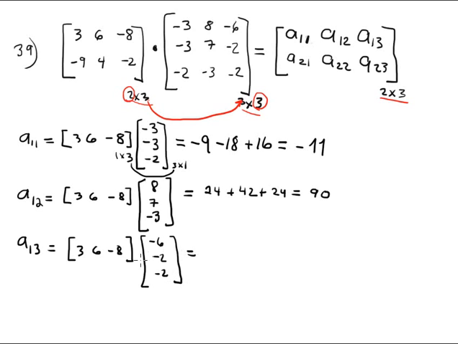When you multiply, this is negative 18, and this is negative 12, and this is plus 16. This is negative 30, and 16 makes negative 14. Okay.